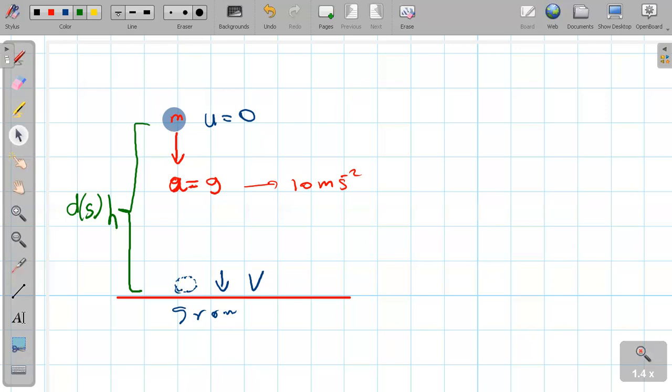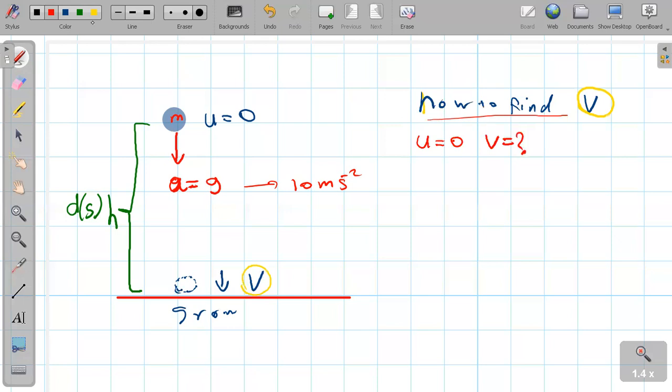That means the first thing I'm going to do is to find this v. What is v? How would I find it? Now as details, I have 4 details: the initial velocity as 0, and final velocity as a question mark.